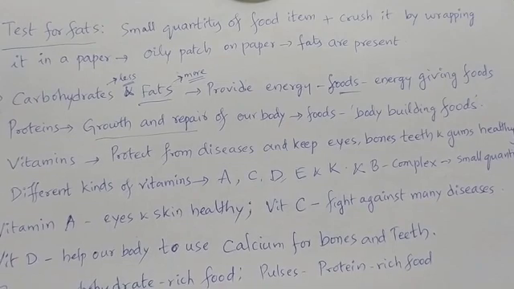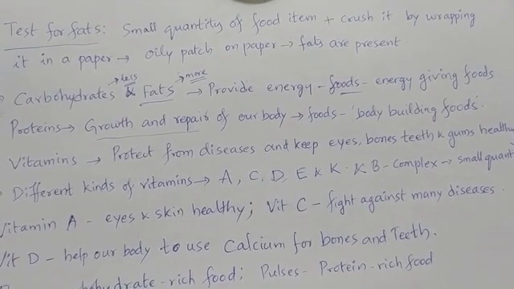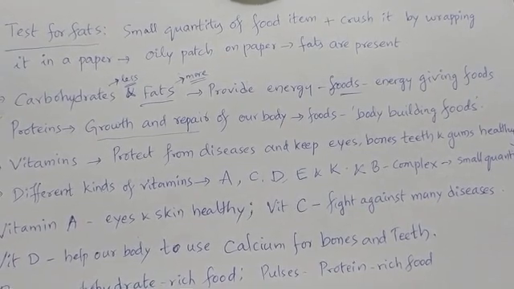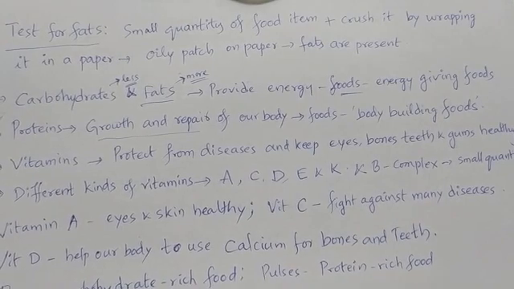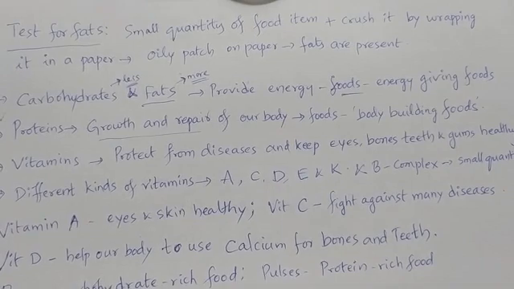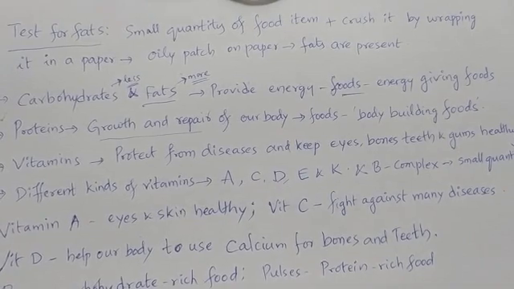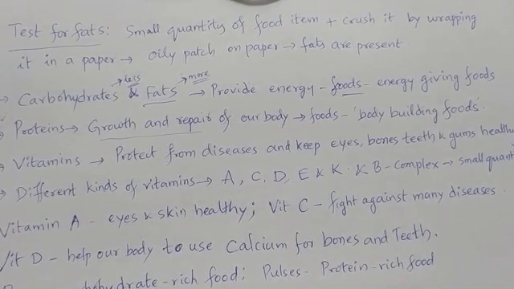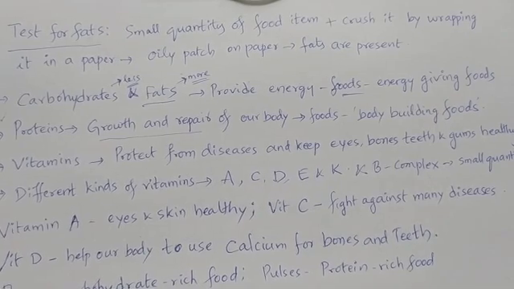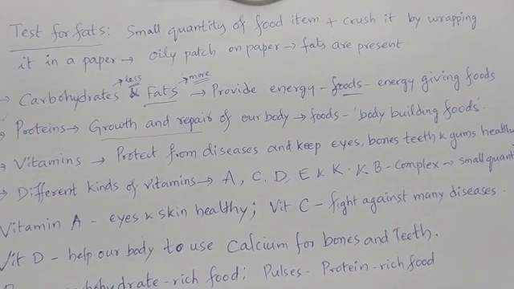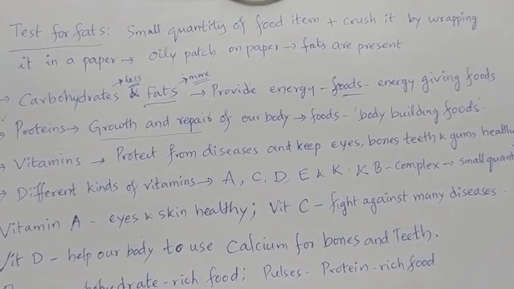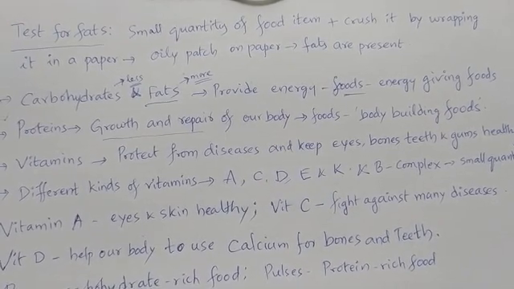Then if you can see an oily patch on that paper, it confirms that fats are present in the given food item. If there is no oily patch, it shows that there is no fat present in the food item.